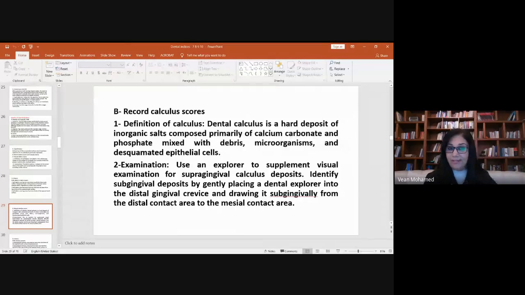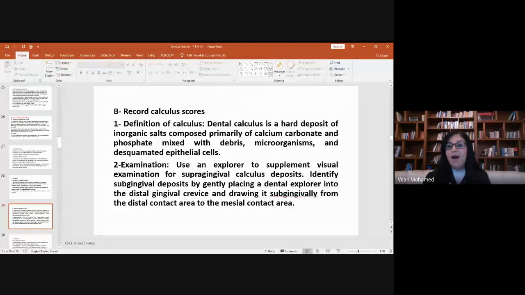Okay, now calculus. We have the debris score and the calculus score. Now calculus. The definition of calculus is hard deposit. We finished the soft deposit that we examined, which is debris.